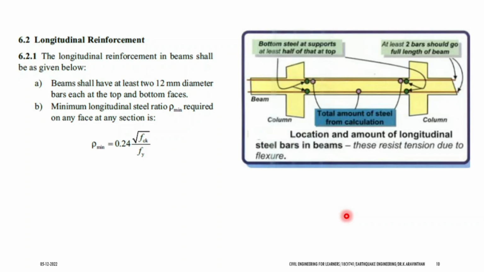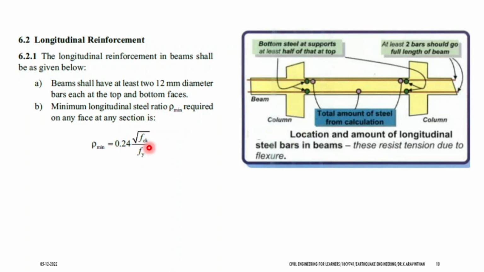Now the reinforcement aspect. For longitudinal reinforcement, the beam shall have at least two bars of 12 mm diameter each at the top and bottom face. This is the top face and this is the bottom. At each side you should not have less than two numbers of 12 mm. And the minimum longitudinal reinforcement steel ratio, rho minimum, on any face should not be less than 0.24 root of fck divided by fy.